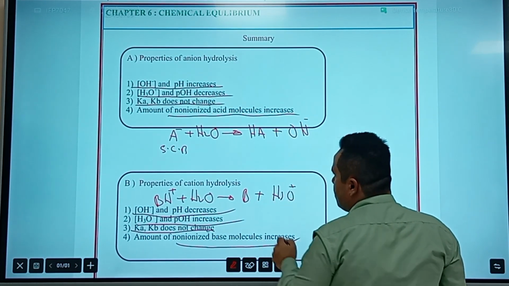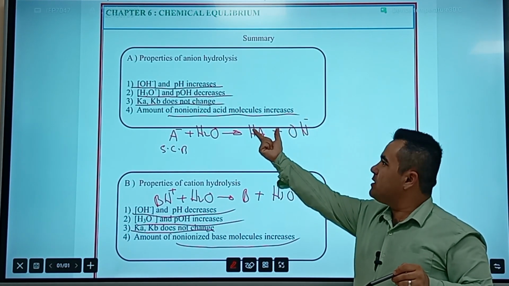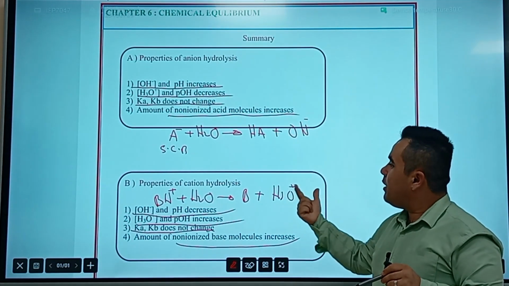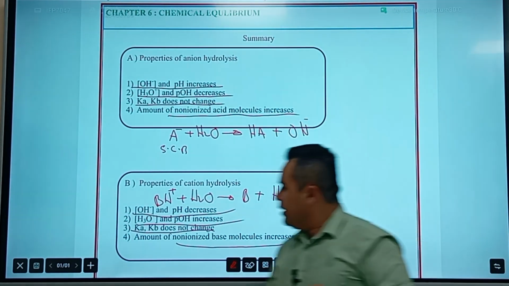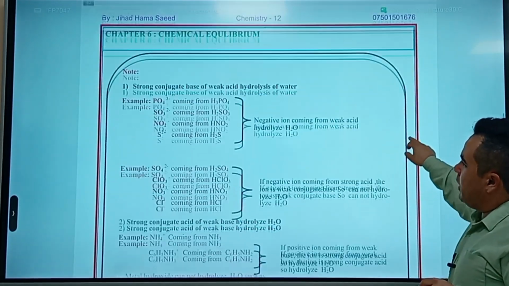This is very important to be known. The concentration of the weak acid increases, here the weak base increases, the hydroxide increases, here hydronium increases. That will be the summary of the cation and anion hydrolysis.